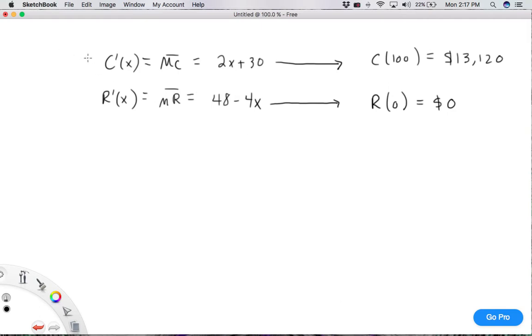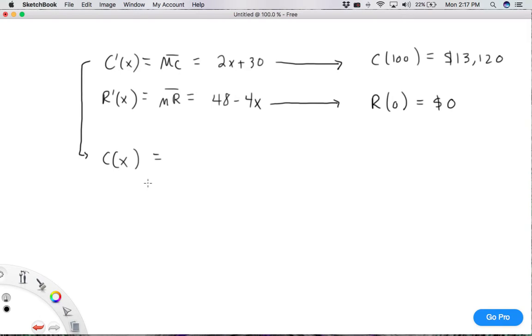Okay, so we're going to go down here and we're going to figure out, if the derivative is 2x plus 30, then what was the original cost function? We're going to try and figure out what that is. Now, hopefully you can kind of see where this came from.